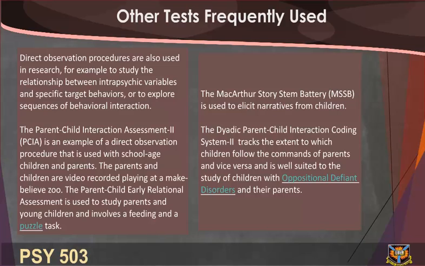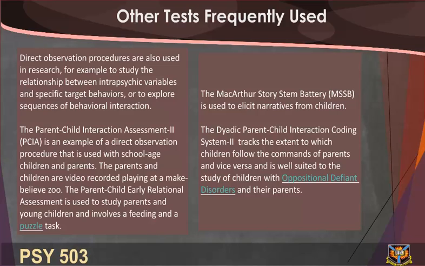The Parent-Child Interaction Assessment tool (PCIA) is an example of a direct observation procedure that is used with school-aged children and parents. The parents and children are video recorded playing at a make-believe zoo. The Parent-Child Early Relational Assessment is used to study parents and young children and involves a feeding and a puzzle task.